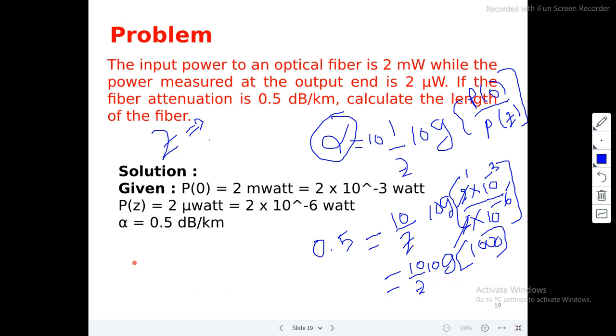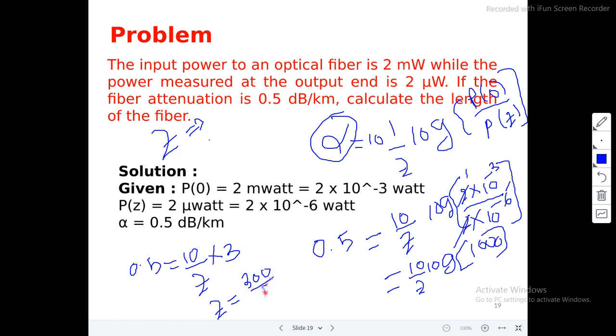So what is the final value? 0.5 is equal to 10 by Z into 3, which gives 30. Therefore Z is equal to 30 by 0.5, which is 300 by 5.